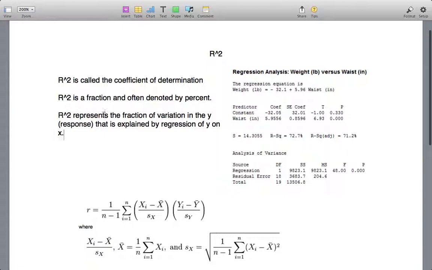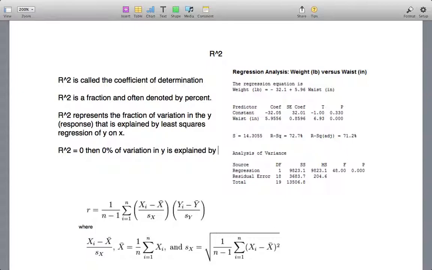So R squared represents the fraction of variation in the y response that is explained by regression of y on x. So that means that if R squared is equal to 0, the fraction of variation that is explained by regression, or let's even say here least squares regression, if R squared equals 0, then 0% of variation in y is explained by least squares regression.